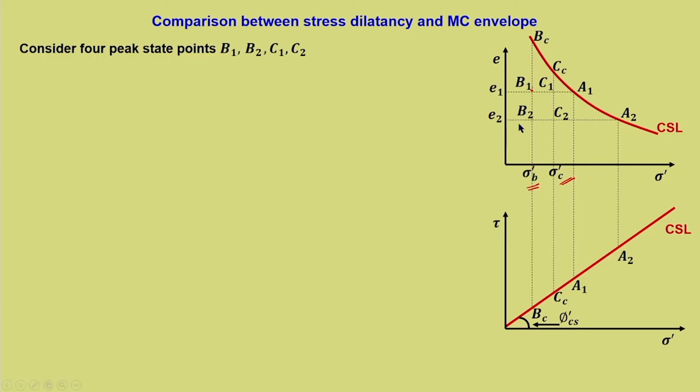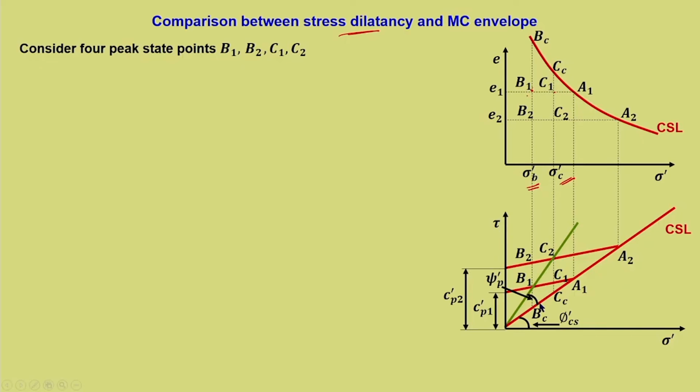So these four points adequately represent different aspects of stress dilatancy. Let us consider peak, which is represented by B1 and C1. They have the same e1, so B1 and C1 lie on the same peak line, and B2 and C2 lie on the other peak line. You can see that e1 is greater, hence the strength is lower, and the corresponding cohesion intercepts are c dash P1 and c dash P2.